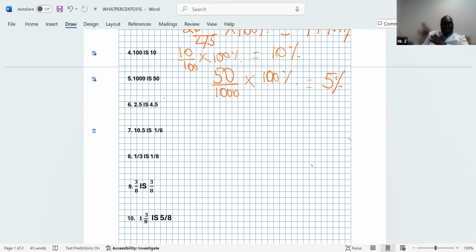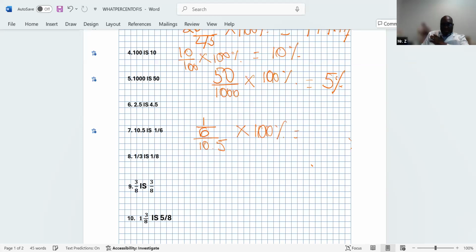So let's go. You have a case of a fraction divided by a whole number, and you multiply that by 100%.